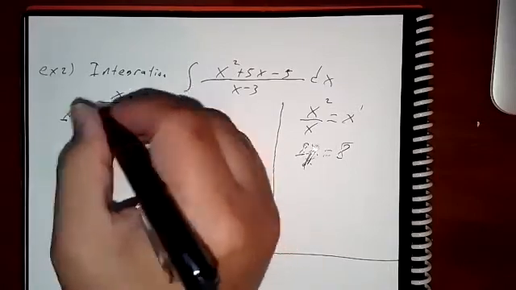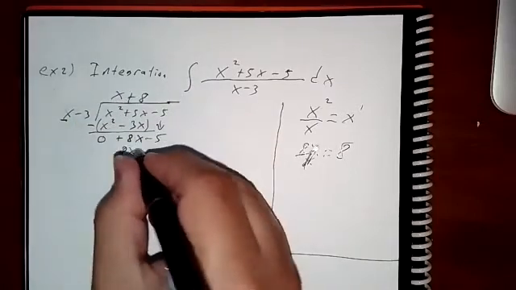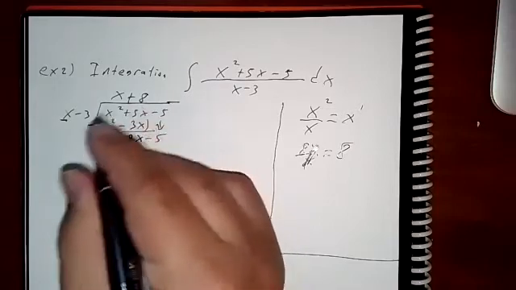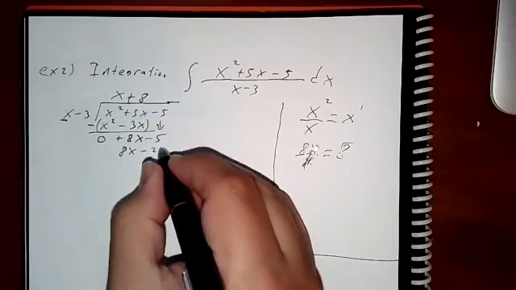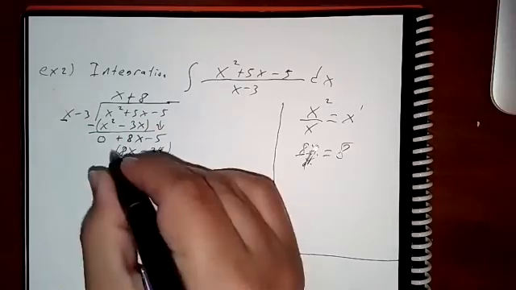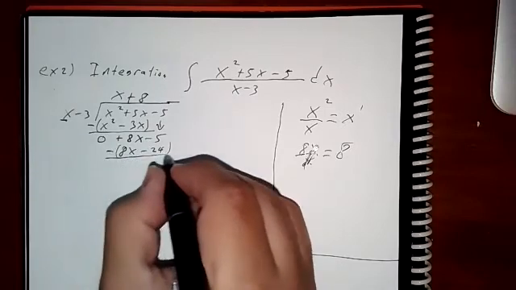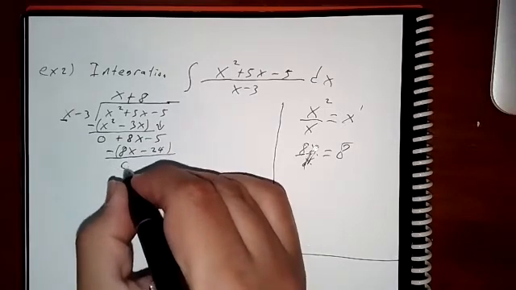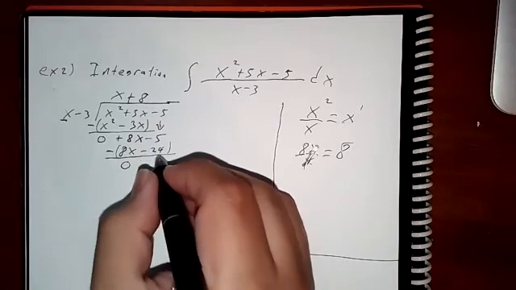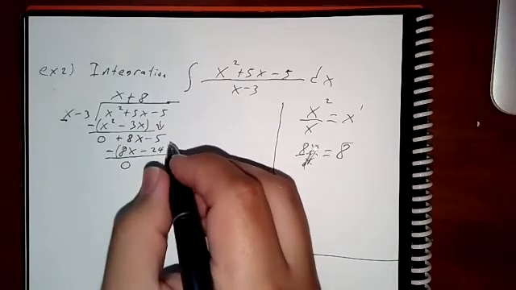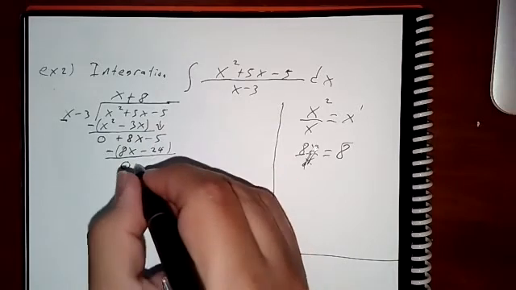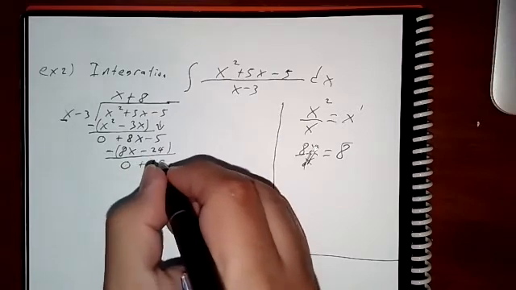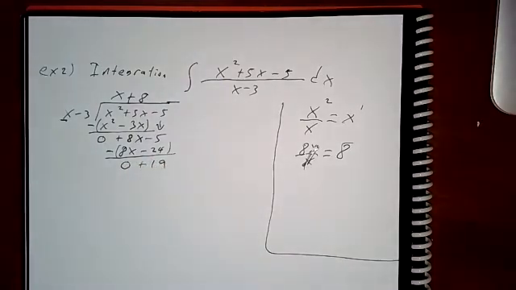So now 8 times that would be 8x minus 8 times negative 3 is 24, right? And then you subtract it. 8x minus 8x is 0. Negative 5 minus 24, that's the same as negative 5 plus 24. So 19. So that's my remainder because I can no longer divide by x, right?